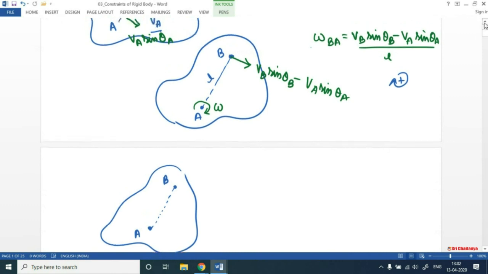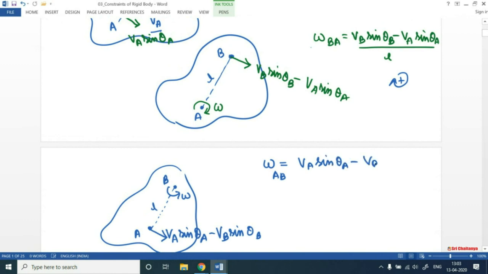That is going to be VA sin theta A minus VB sin theta B, and this distance is L. So the angular velocity would be in this direction, anti-clockwise. Omega of A with respect to B can be written as VA sin theta A minus VB sin theta B divided by L.